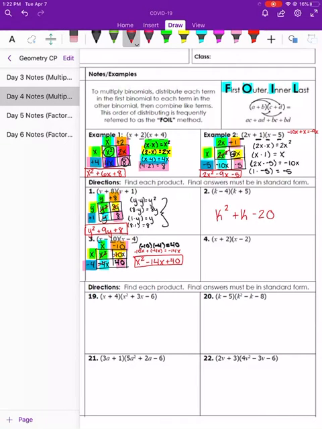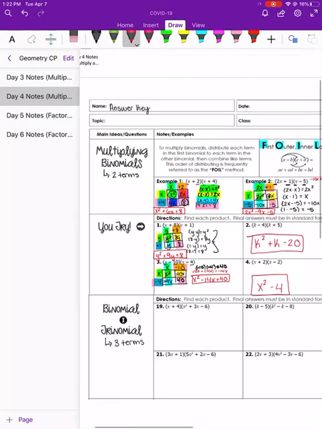And then for problem 4, you should get x squared minus 4. Okay? So that is if we were multiplying a binomial times a binomial.